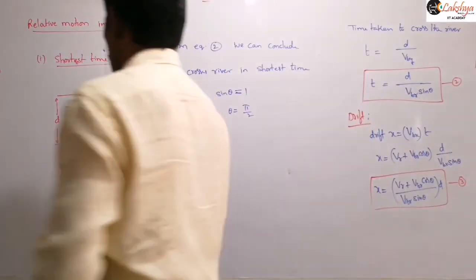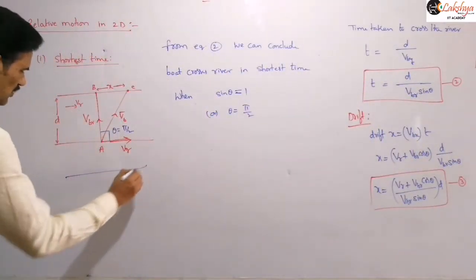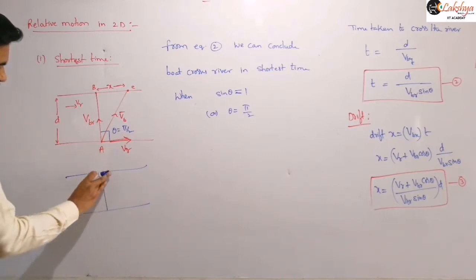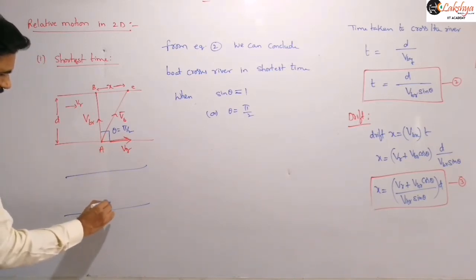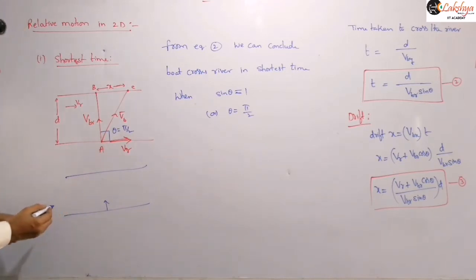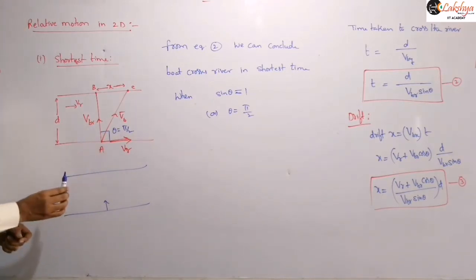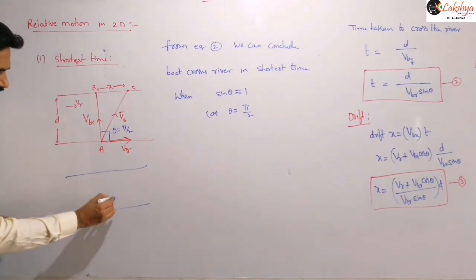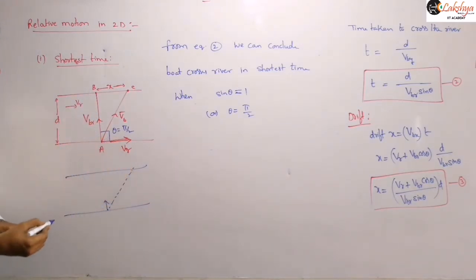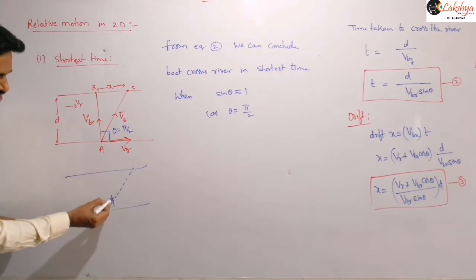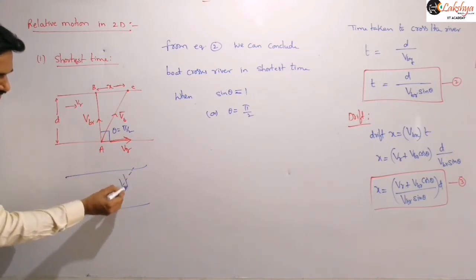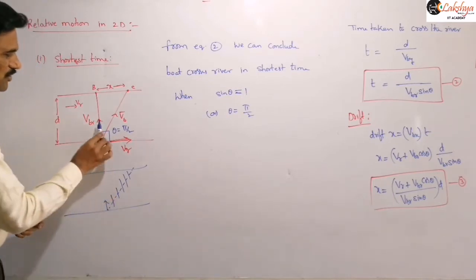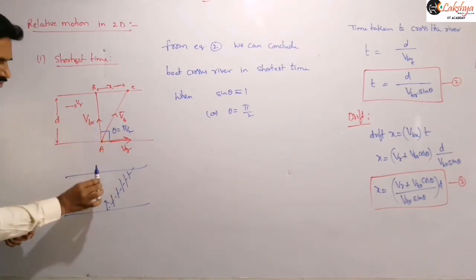Here you should understand that when the boat is starting its motion along this direction, let us say this is the boat I am taking here, it is crossing along this direction. So for the observer on the ground, it is not traveling like this, it follows a path like this. That is nothing but what we call the heading of the boat. The heading of the boat will be perpendicular to the direction of the river flow only.